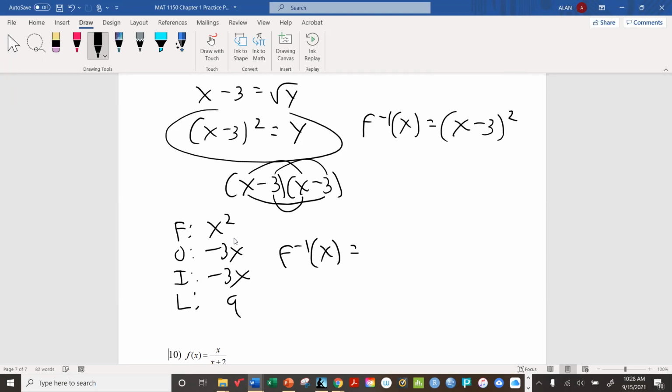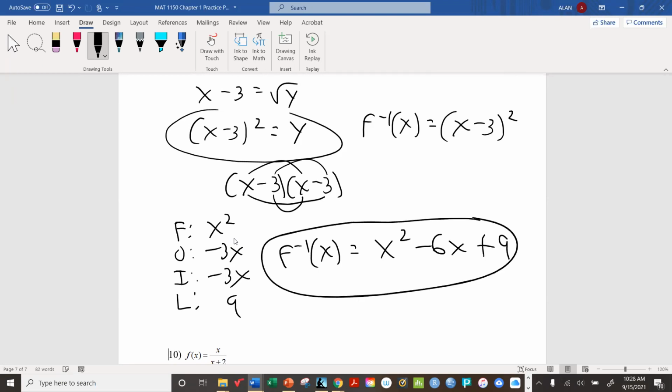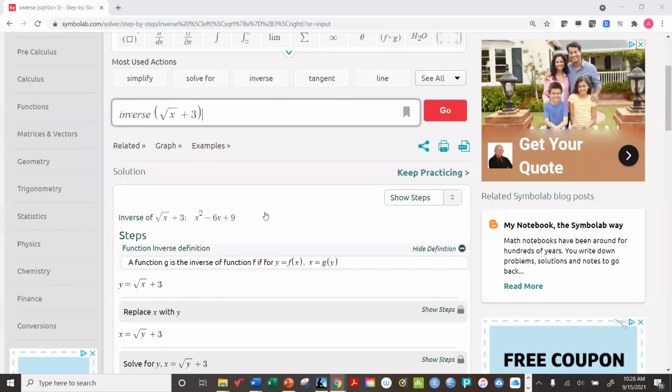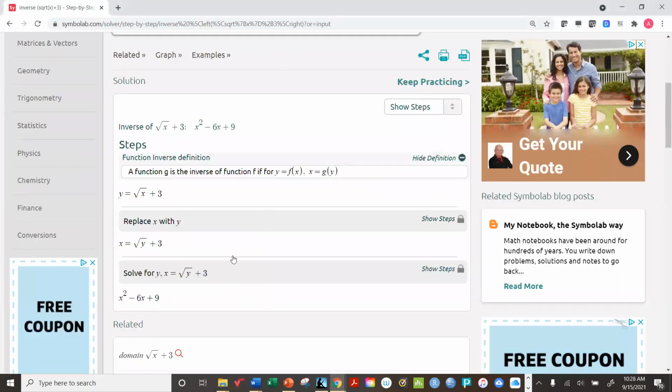So f inverse of x could also be written as x squared minus 6x plus 9. And that's what they've done. There it is. Perfect. Oh, and again, for some reason, they're being very generous with their steps this time.